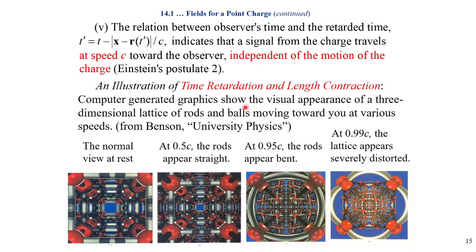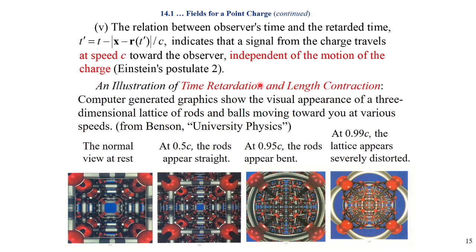That means if the charge moves toward you or away from you, the signal still travels at a constant speed of light. That's the universal speed of light, Einstein's second postulate.